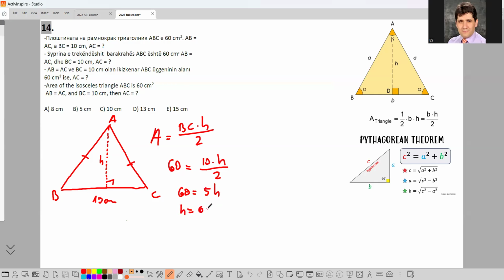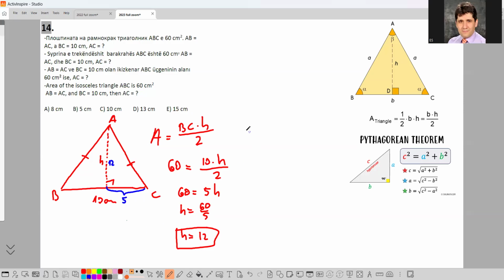Height is 60 over 5, that's 12. So the height of this triangle is 12. Knowing that this part here corresponds to half of the side, this must be 5.